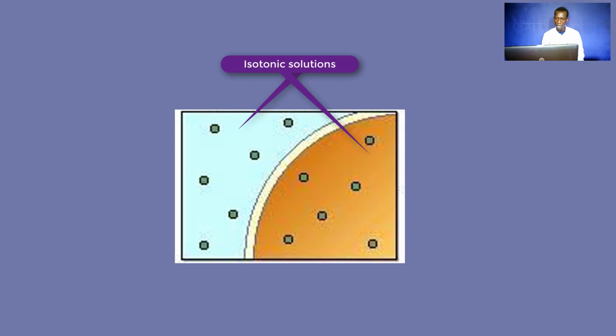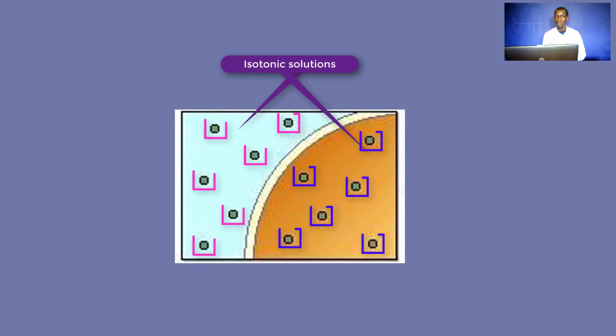Therefore, when you look at this isotonic solution keenly, you will realize that there is the same concentration of solute molecules in both the inner side of the cell and the outer side of the cell as well. Therefore, the isotonic solution is a solution which comprises the same concentration of both solute and solvent molecules, or else we can say that isotonic solutions are two solutions which comprise the same concentration.